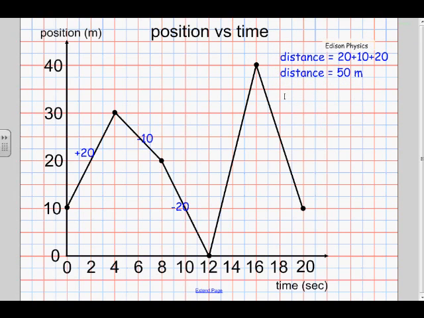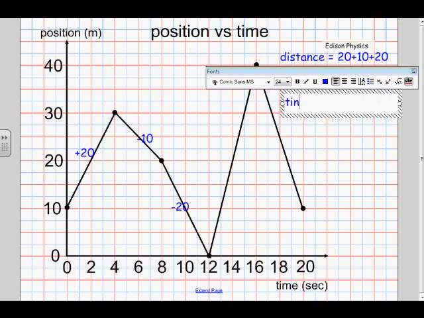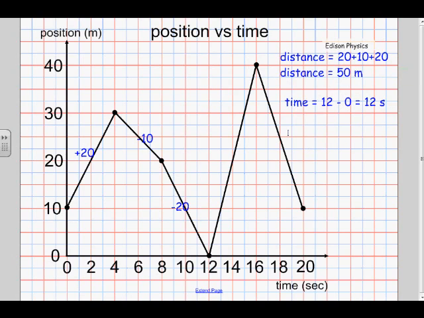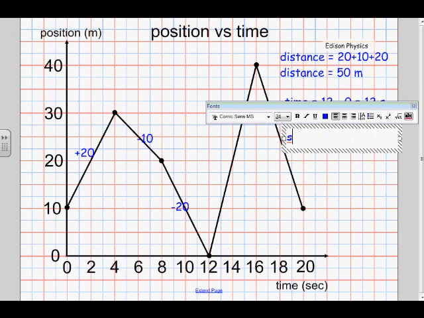How much time did it take? Well, we started at 0 and ended at 12, so I do my change in time, 12 minus 0, and that gives me 12 seconds. To find my speed, I do my distance traveled divided by my time.